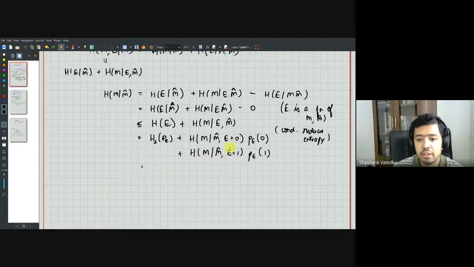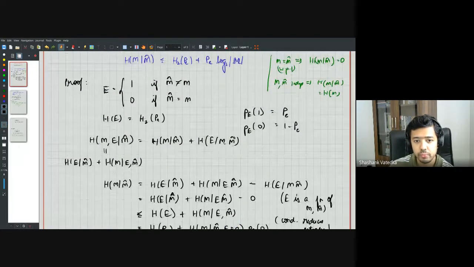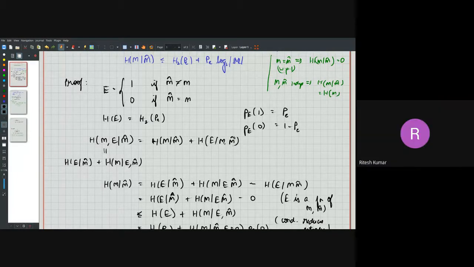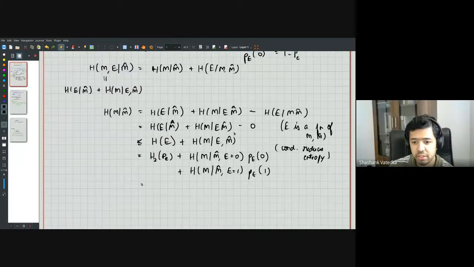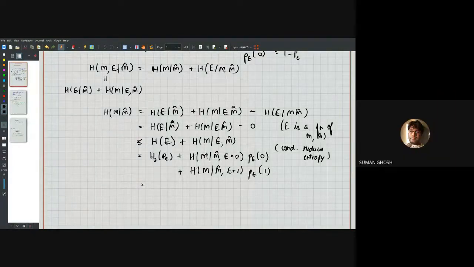Okay. So given that E is equal to 0, what can you say about h of m given m hat and E equal to 0? If E equals 0, then what does that say about m and m hat? They are equal. Correct. So when E equals 0, it means there is no error and m is equal to m hat. So given m hat, you know exactly what m is.